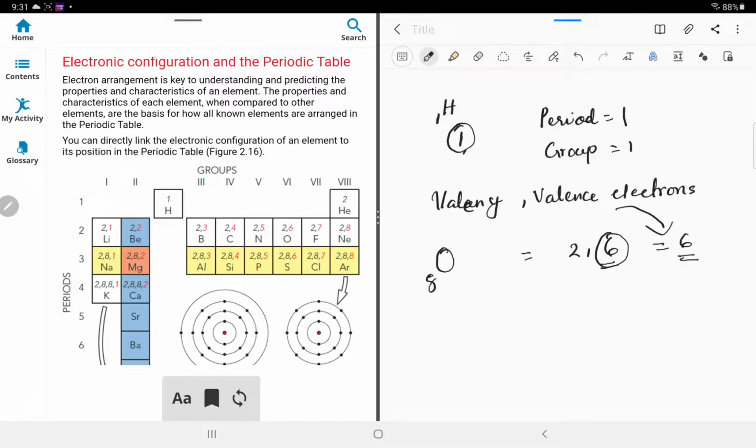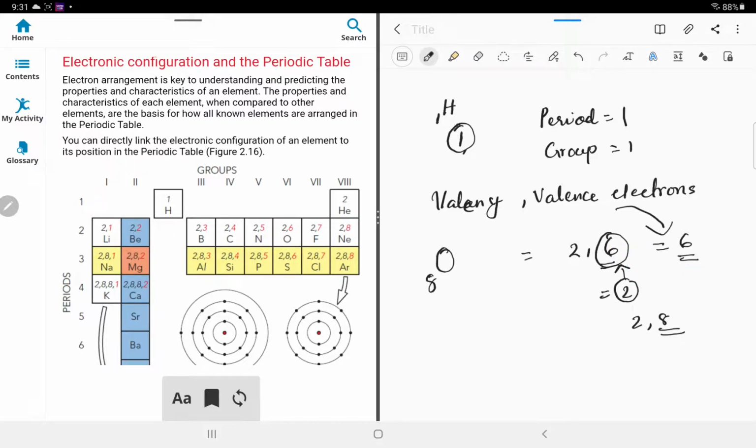Valency is the number of electrons a particular atom requires to complete its octet electronic configuration. So the valency of oxygen is 2 because it needs 2 more electrons to complete its octet. So the valence electron of oxygen is 6 and valency is 2.